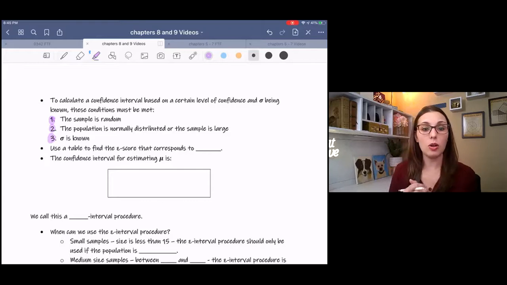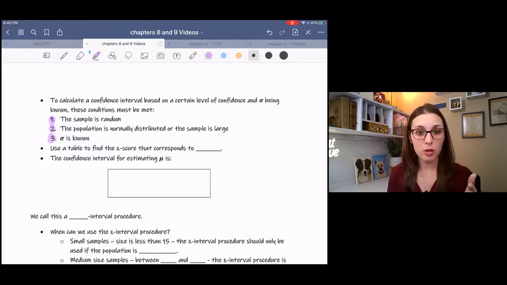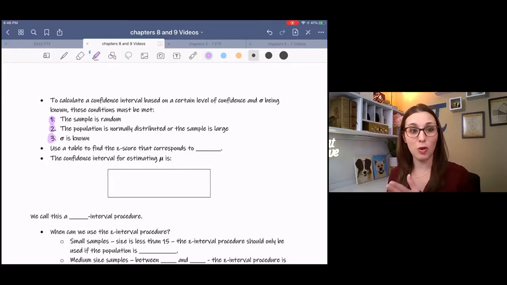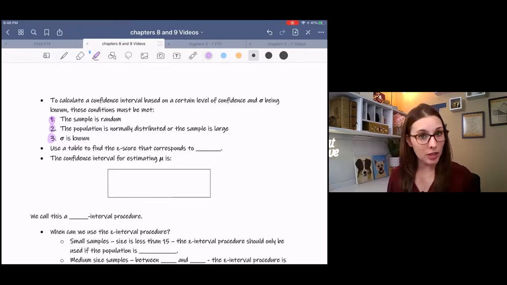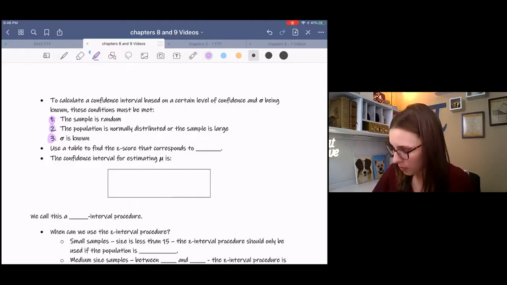Before we can do a confidence interval based on a known standard deviation, these conditions must be met. The sample has to be random. So in the problem, it has to say a random sample, or the sample was selected randomly. Also, the population must be normally distributed. If we don't know anything about the population, then the sample must be large. And remember, for a sample to be large, it has to be greater than or equal to 30.